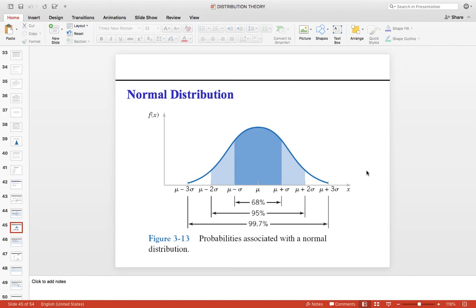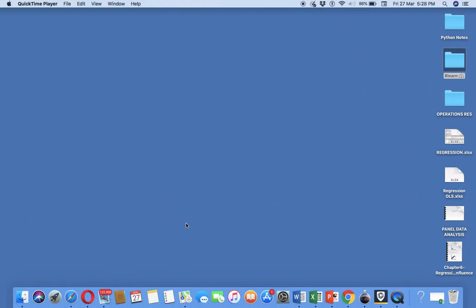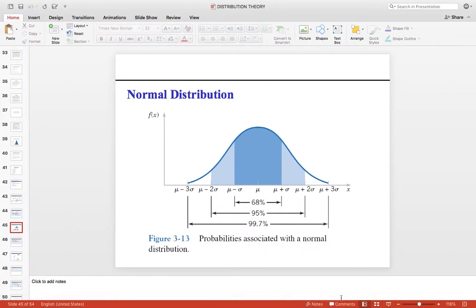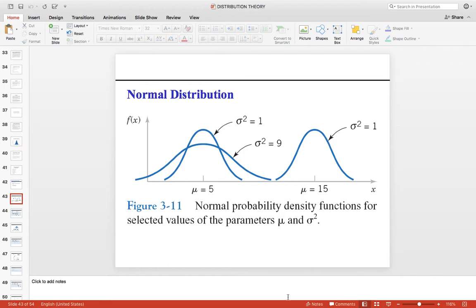So let us get into the data, and let us take an Excel sheet and generate a normal distribution for this data that we had. We'll take a mean of 5 and a standard deviation, let's say 2. We will not take the same values.